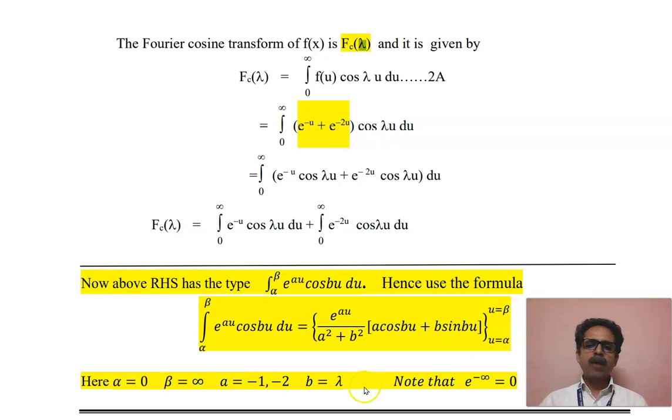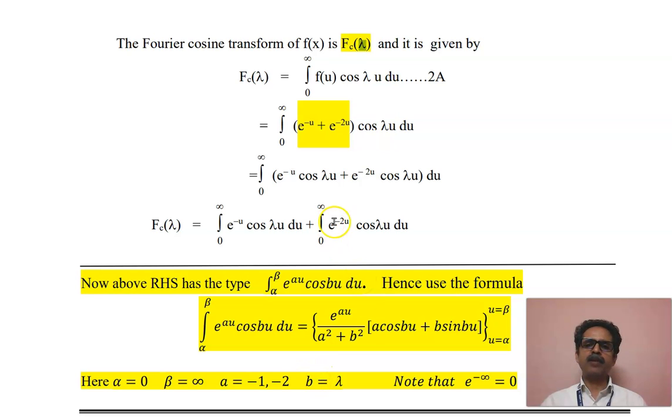Fine. Now for the first term, you can see this is the first term, and the first term is an integral of this type, and when you compare you can get the value of alpha and beta. Easily you will find alpha is 0, beta is infinity, and a is here minus 1 for the first term, while b is lambda. You can see the second term also has the same type. The difference is the value of a.